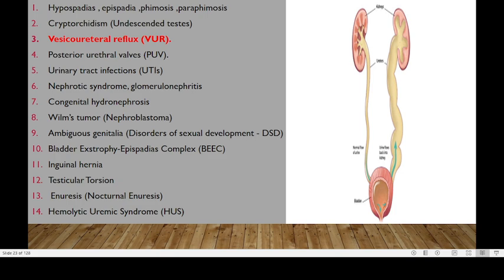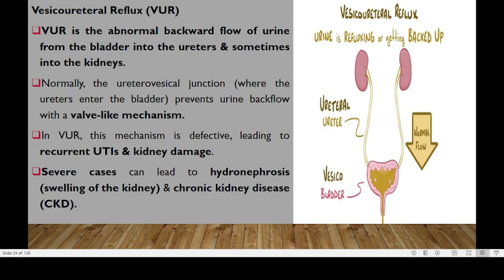Vesicoureteral reflux disease is an abnormal backward flow of urine from the bladder, where urine is supposed to be stored, into the ureters and sometimes into the kidneys. So there's backflow of urine back to the kidneys.